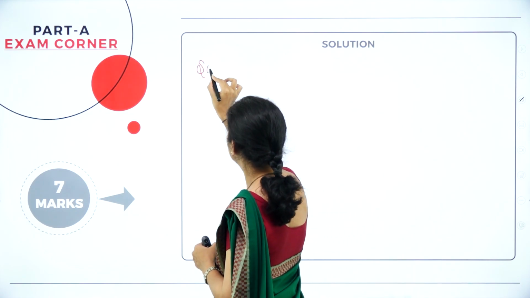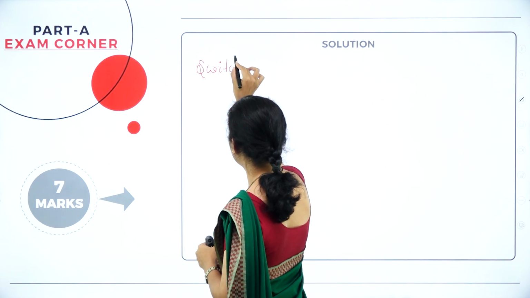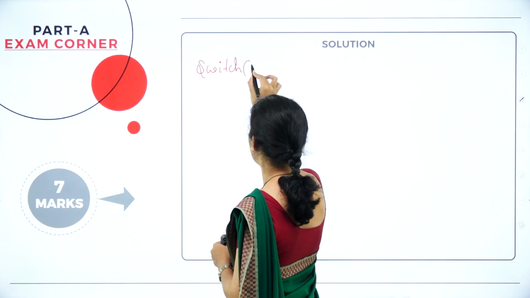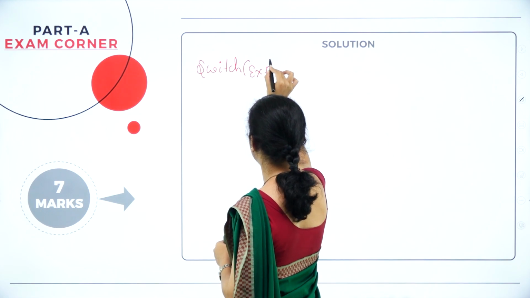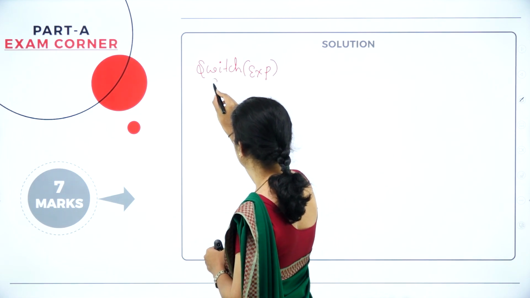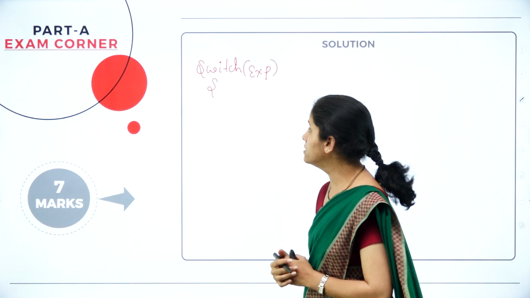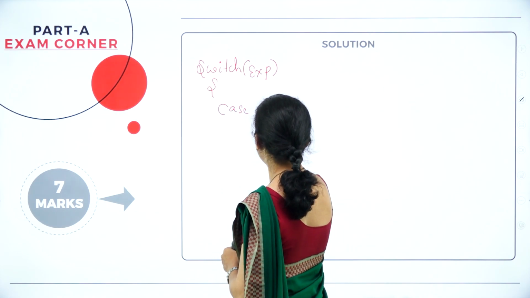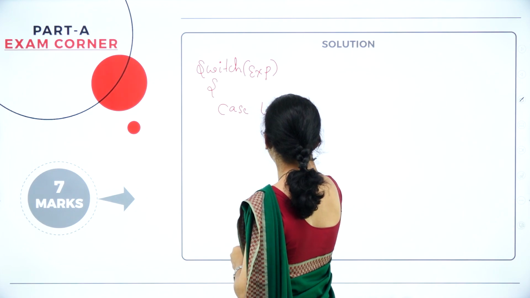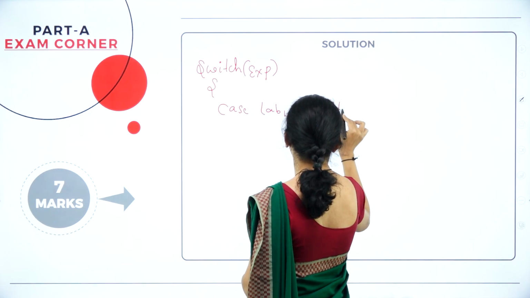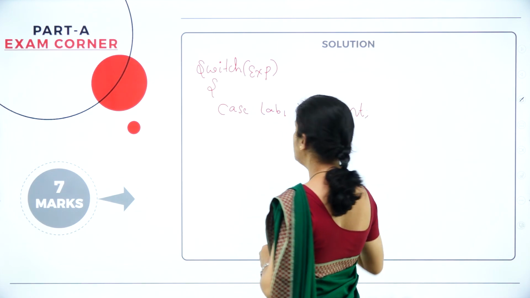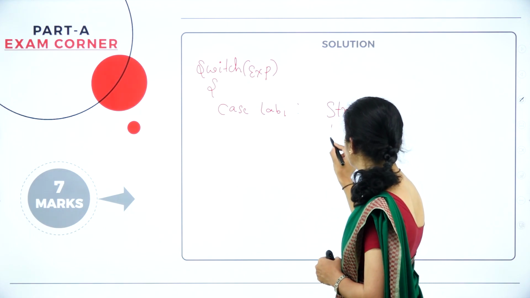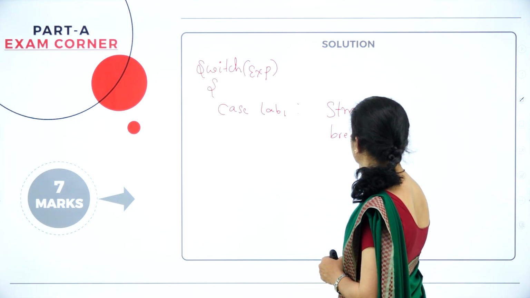First I have switch, it's a keyword. Then I'm going to write the expression. Then start with the flower bracket, case label 1 colon. I'm going to have the statements, then break.